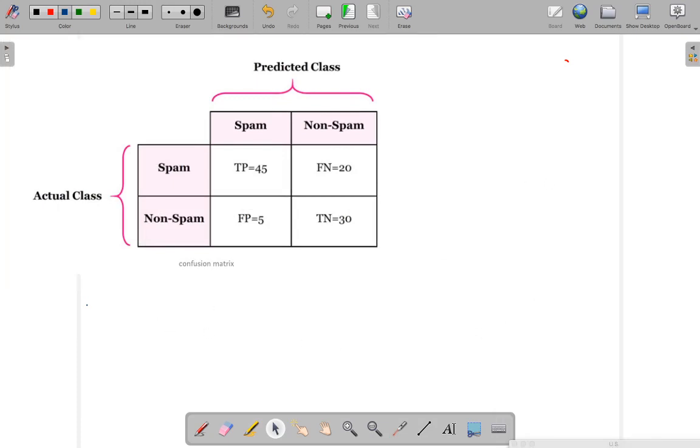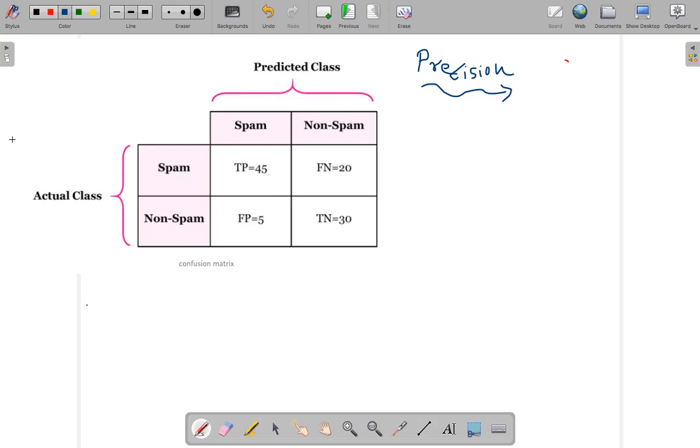Right, so the first one which I'm going to use here is something called precision. This is an important metric. What it tries to ask is what proportion of positive identifications are actually correct.